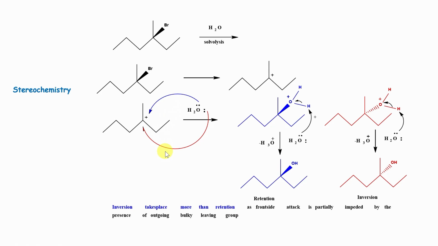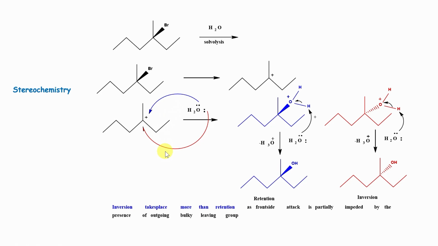That is racemization. We get both the alcohols, the alcohol with retention of configuration and with inversion of configuration. We will get this mixture. But the alcohol with the inverted configuration is obtained as the major product in this case, because the leaving group partially impedes the moving of the nucleophile towards the electrophilic positively charged carbon atom.